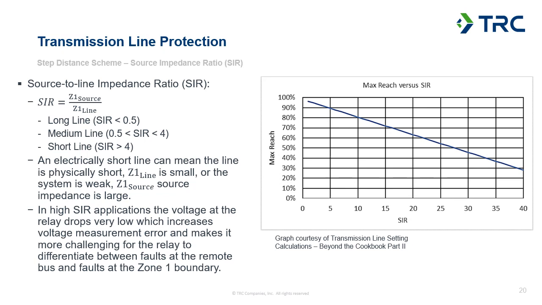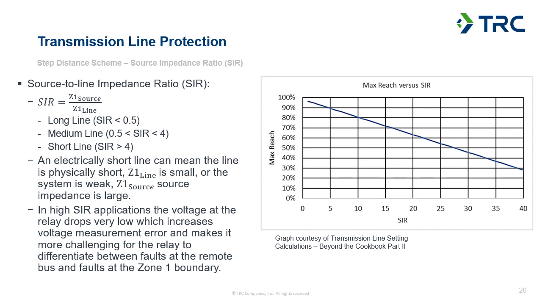So the first one of these considerations we'll take a closer look at is source impedance ratio, or SIR. SIR is basically looking at the Thevenin equivalent source impedance behind the relay compared to the impedance of the line. That would be evaluated both with all lines in and certain outage considerations.